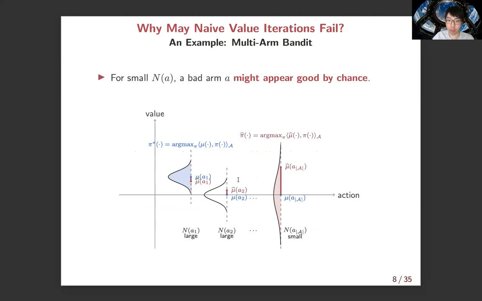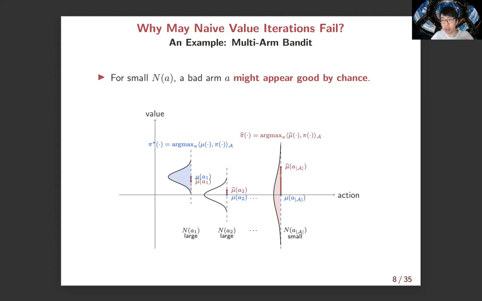So as in the following example, I have an arm, right? The mean is just 0, and it is observed only a few times, and then the sample average could have a very large variance, and as a result, it can be just by chance that this mu hat, which is the sample average, is very, very large.